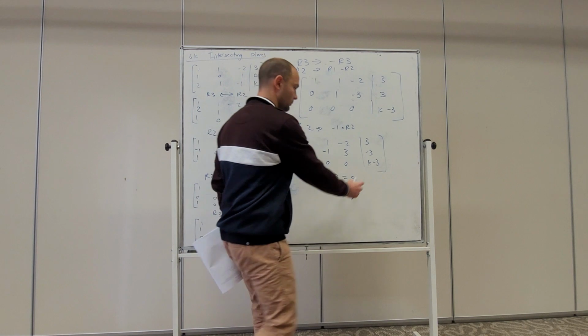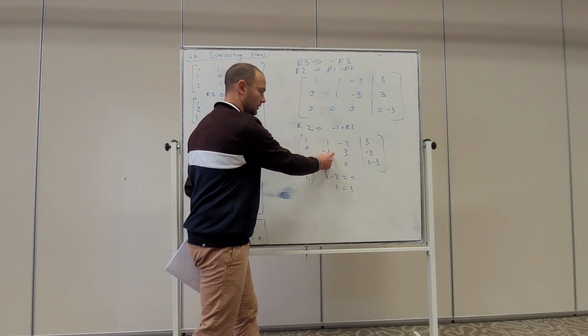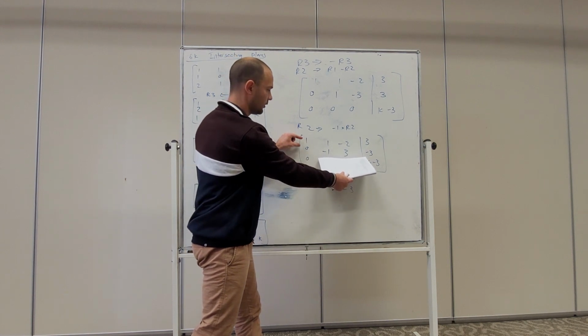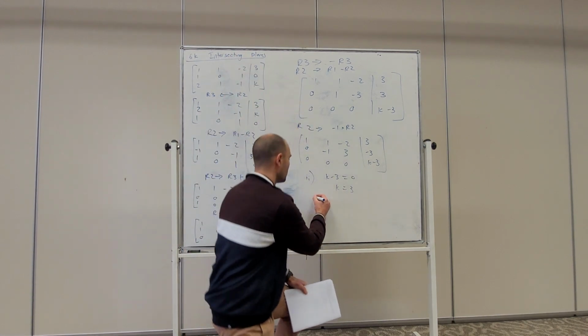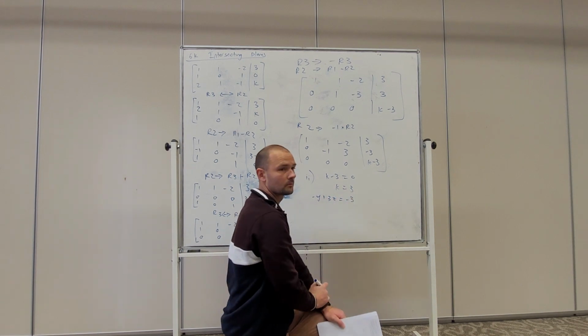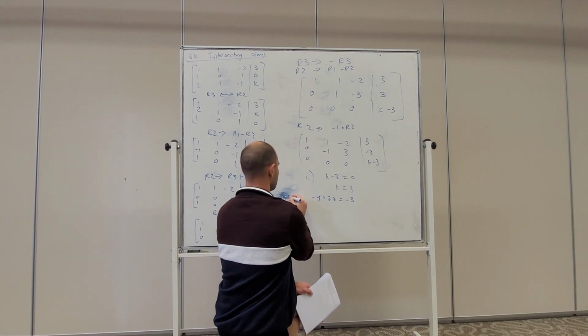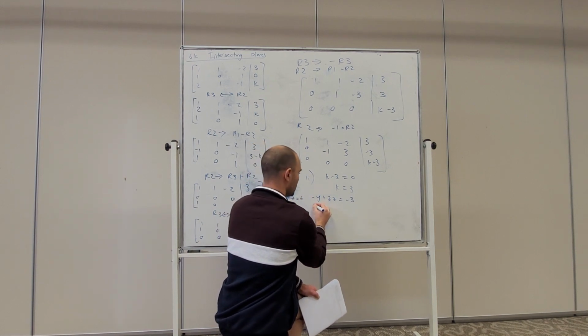So if k is 3, this one's going to be 0, which means we have the bottom row zeros, so we're only considering the first part of the equation. We'll have minus y plus 3z equals minus 3. From there, we can let z equal t and solve through.